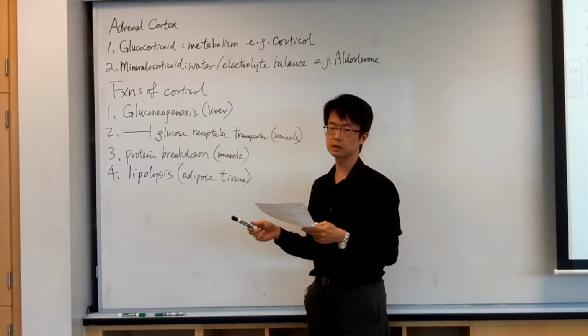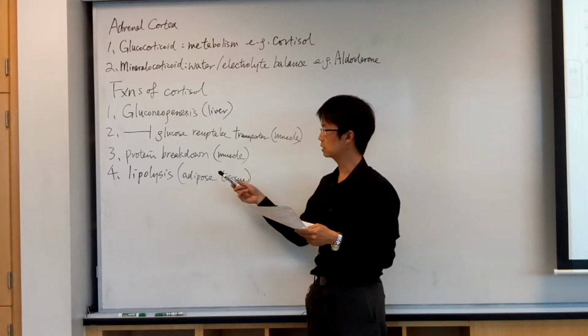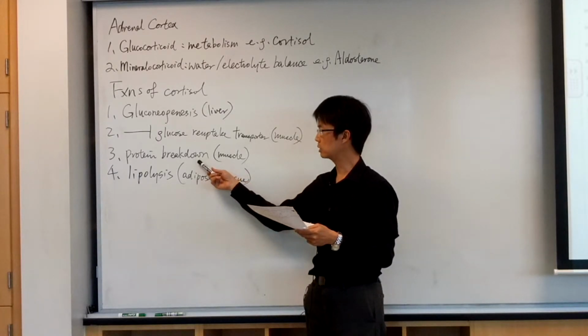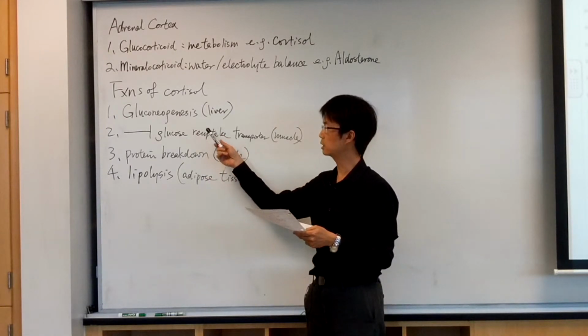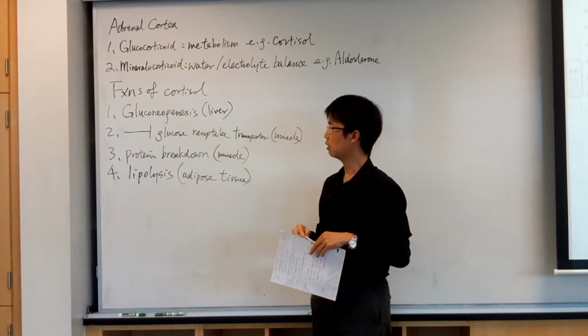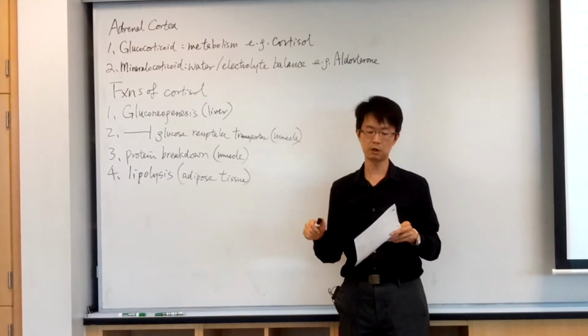Gluconeogenesis is the making of sugar from other molecules, but it is also downstream from the protein breakdown and lipolysis. In other words, overall, in general, you may consider cortisol as a catabolic hormone.